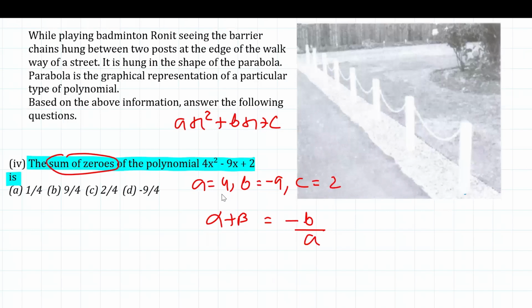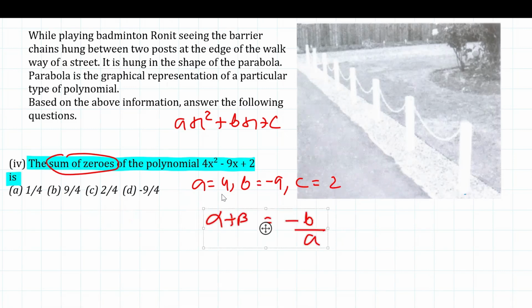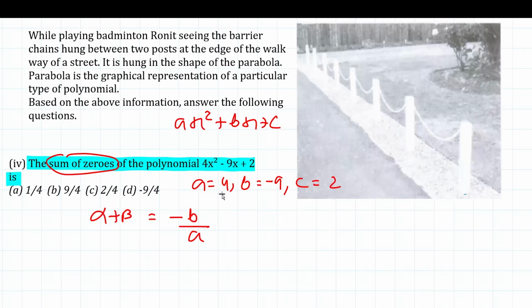Now we are required to find the sum of the zeros of a polynomial, taking alpha and beta as the zeros. Taking alpha and beta as the zeros, we have a relation between the sum of the zeros and the coefficients. So it is negative b over a.